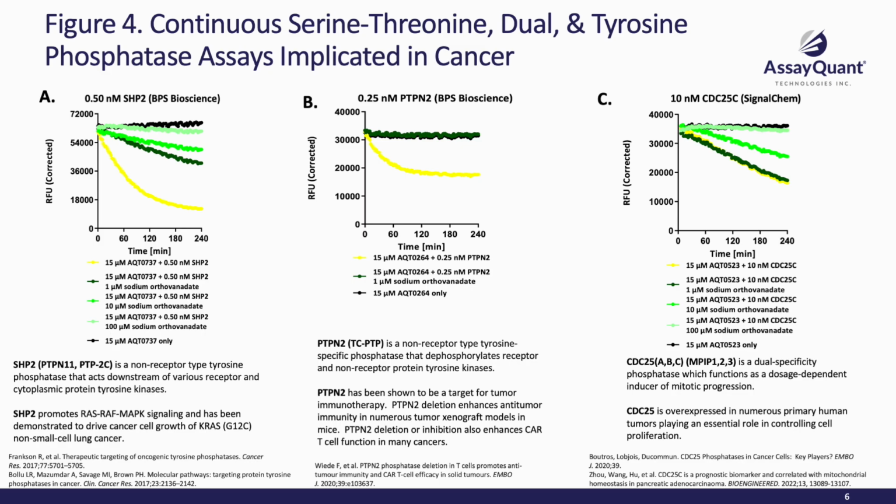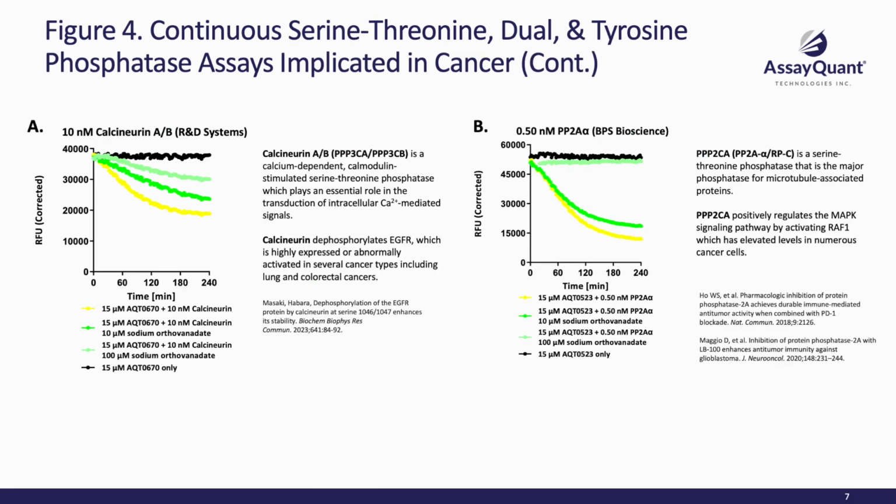The green lines show the assay run in the presence of sodium orthovanadate, a known tyrosine phosphatase inhibitor, at three concentrations: 1, 10, and 100 micromolar. As observed, inhibition of phosphatase activity with increasing amounts of sodium orthovanadate approaches the control black line. The two tyrosine phosphatases are inhibited better than the dual phosphatase.